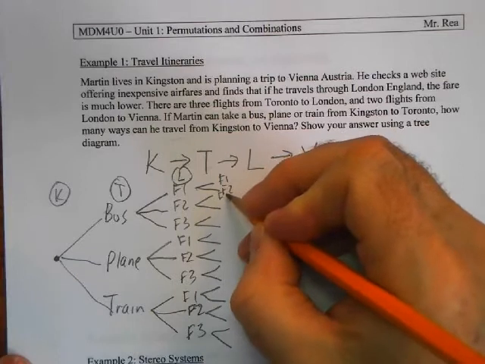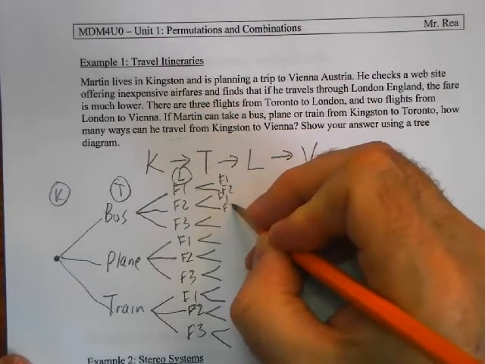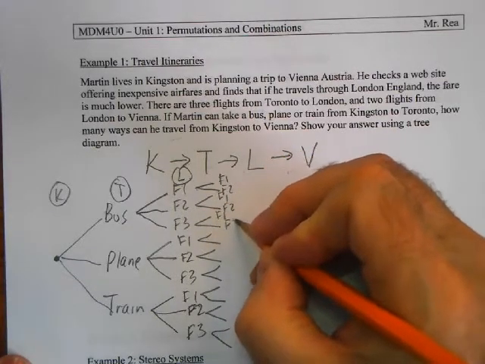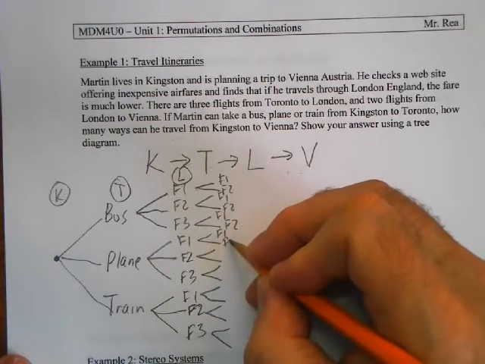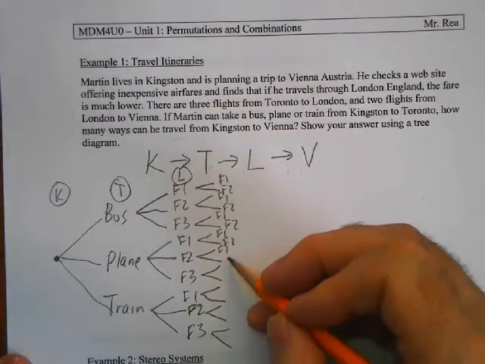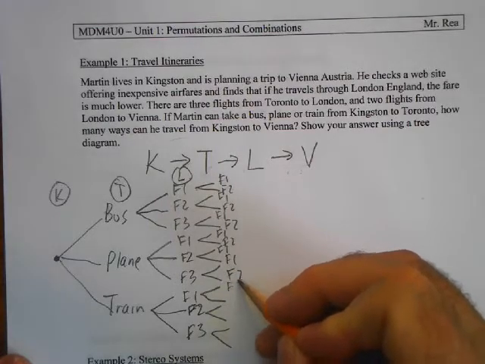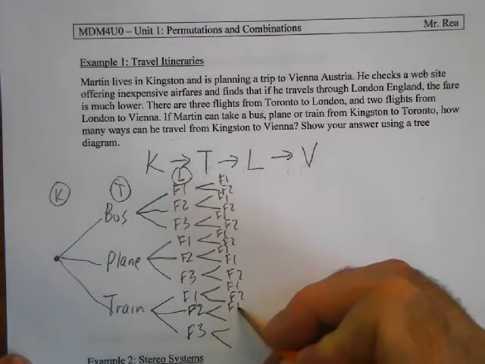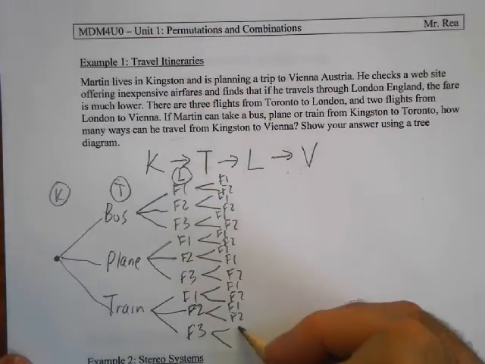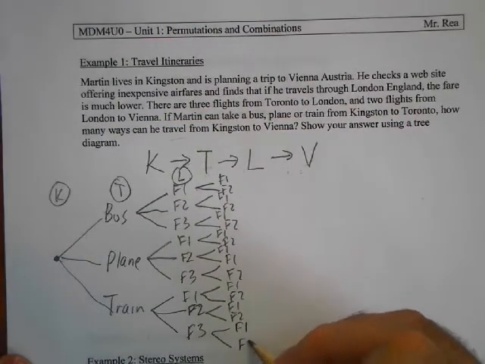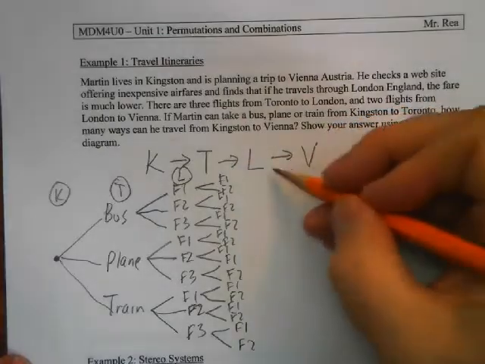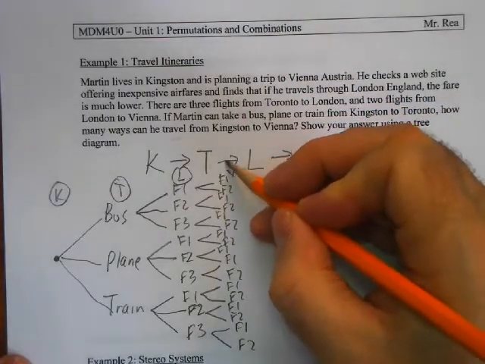These are different F1, F2s, of course. It's getting very squeezed, so good planning is a good thing for drawing your tree diagrams. This is getting squeezed here as well. This takes them to Vienna.